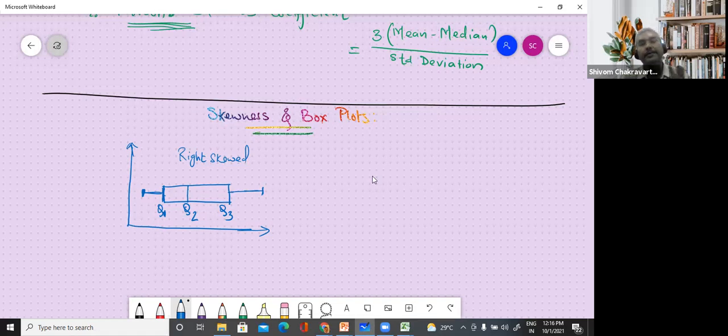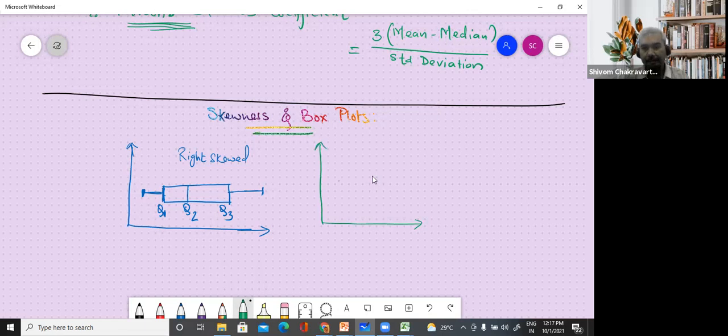From the box plot itself, you can infer that the raw data is right skewed. When the right part is more, or the right whisker is longer, then it is right skewed data. Similarly, you can guess what will happen in left skewed data.